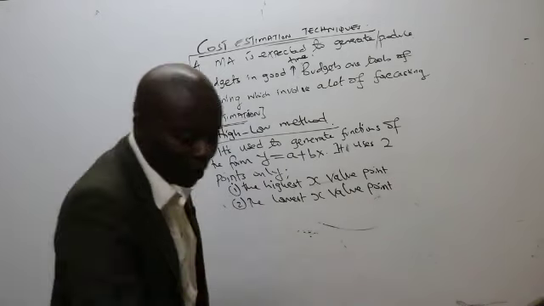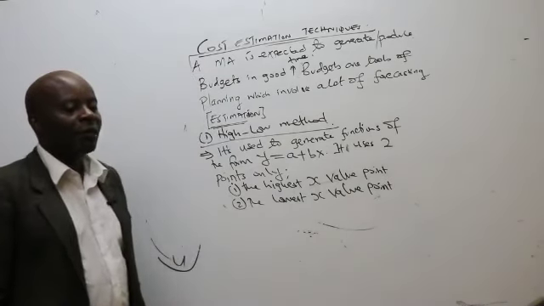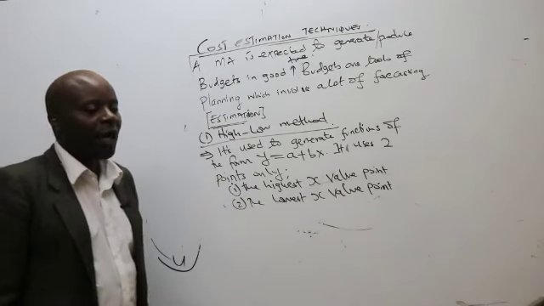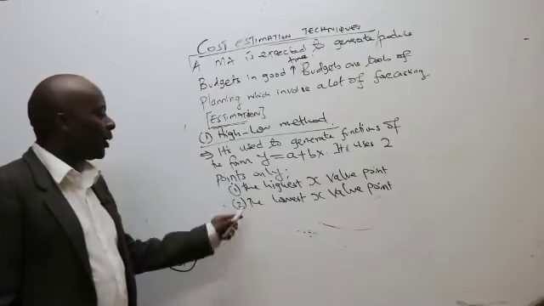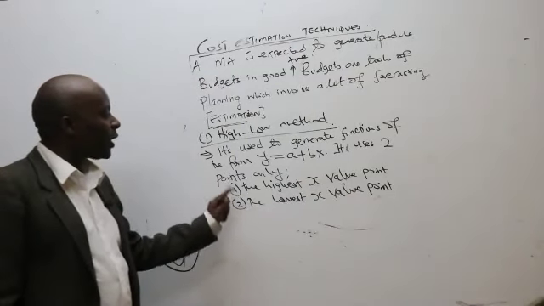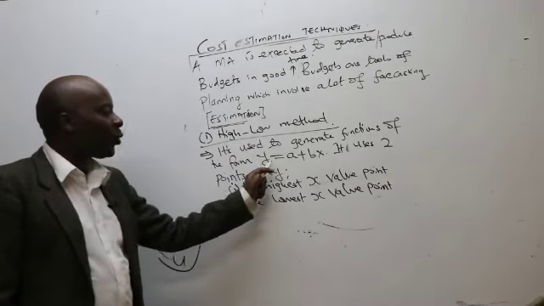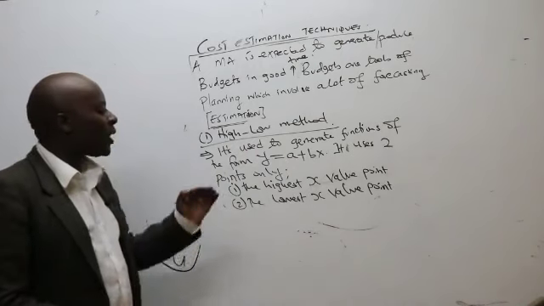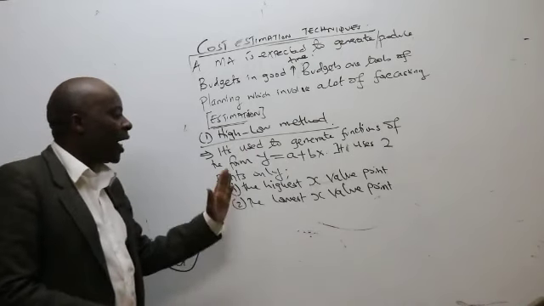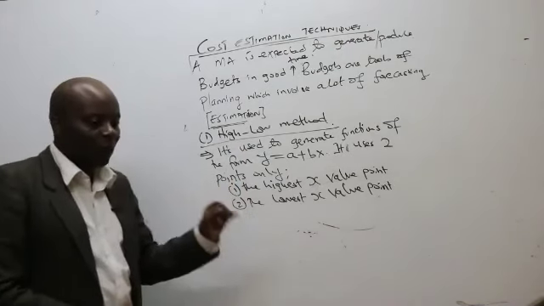And then number 2, we have the lowest X value point. Very important for us to make note of this, that a high-low method makes use of how many points here to come up with this straight line function? It makes use of 2 points only. And these 2 points are which ones? Number 1, the highest X value point, and number 2, the lowest X value point.